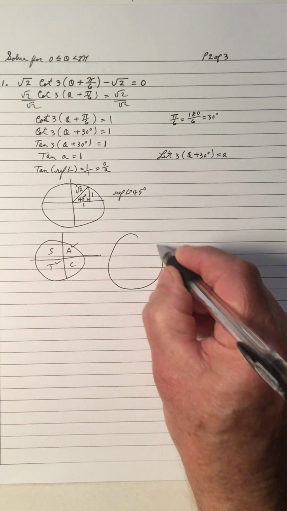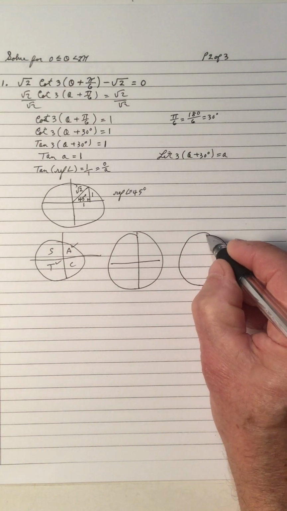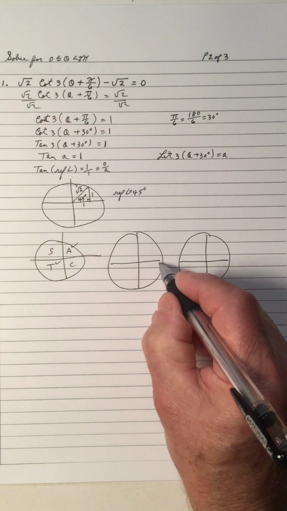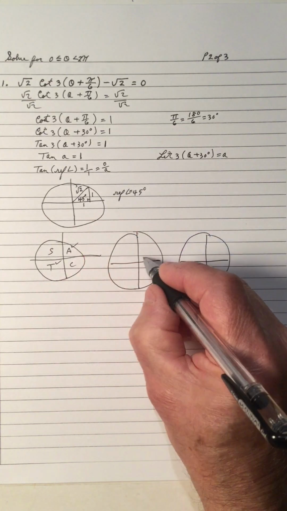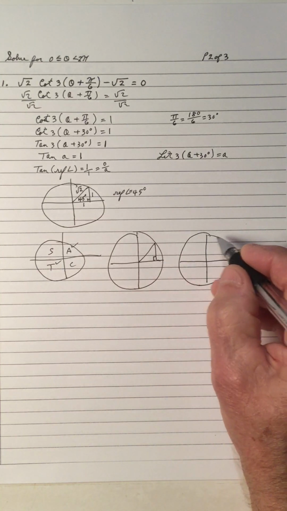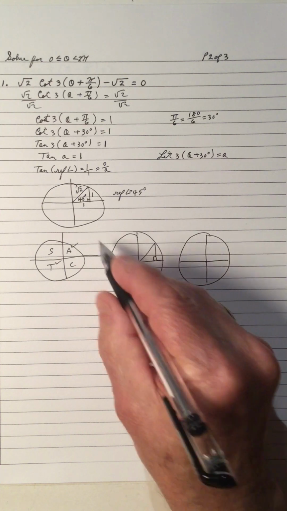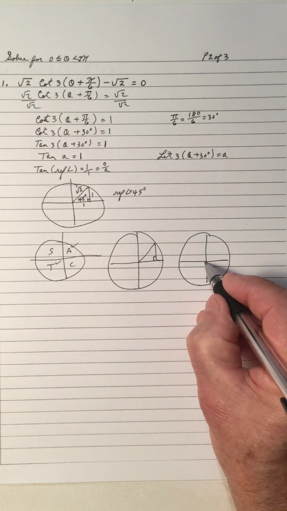So let's draw first and third. So we have a reference angle of 45 in the first quadrant, which is here, and we have a reference angle in the third quadrant.